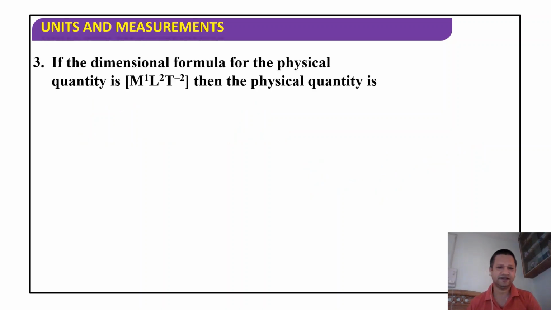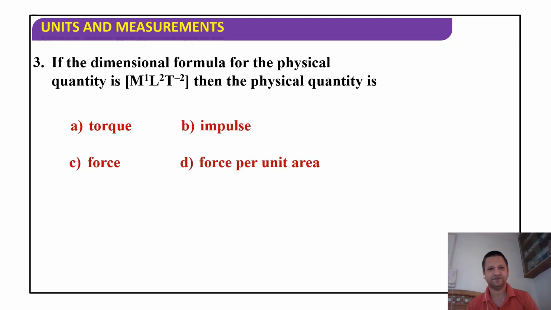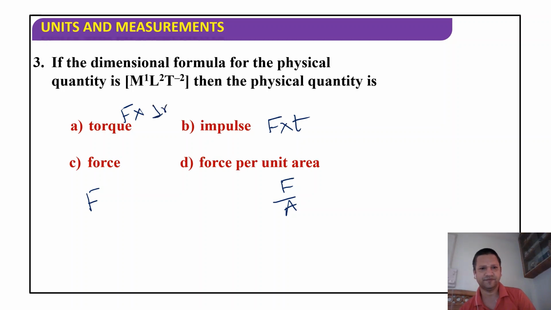Next, if the dimensional formula of the physical quantity is ML2T minus 2, then the physical quantity is, let us see the various options. Impulse is force into time, pressure is force per unit area, F upon A, and torque is force into perpendicular distance.